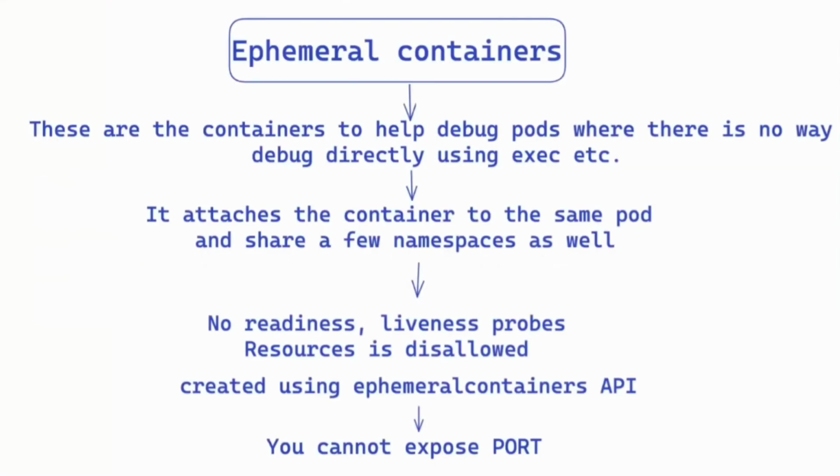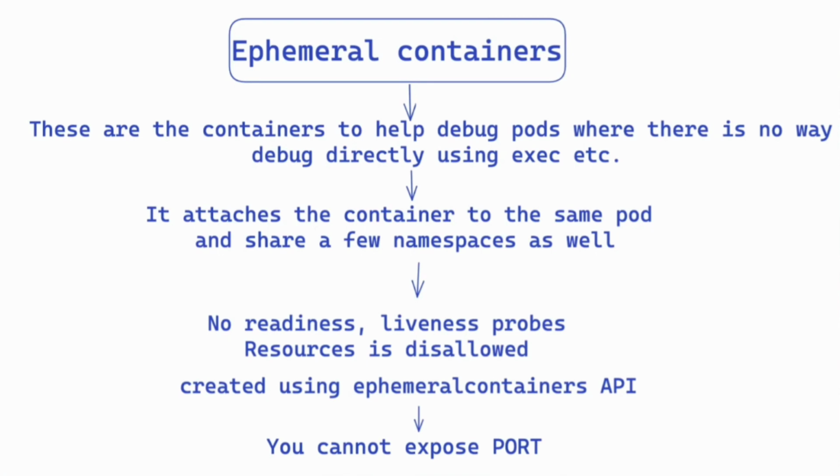Ephemeral containers are containers to help debug pods where there is no way to debug directly using exec. You will be using kubectl debug to create those ephemeral containers, and it attaches in the live pod state itself.